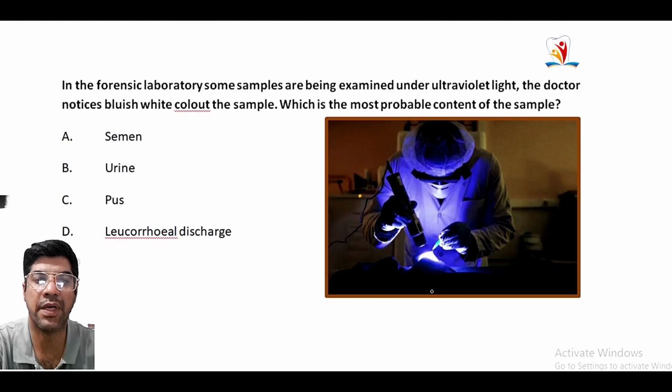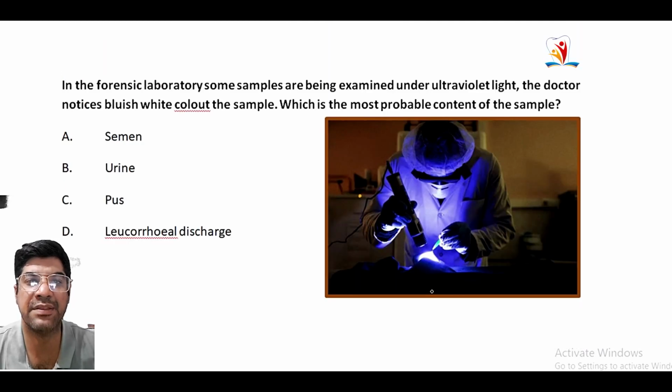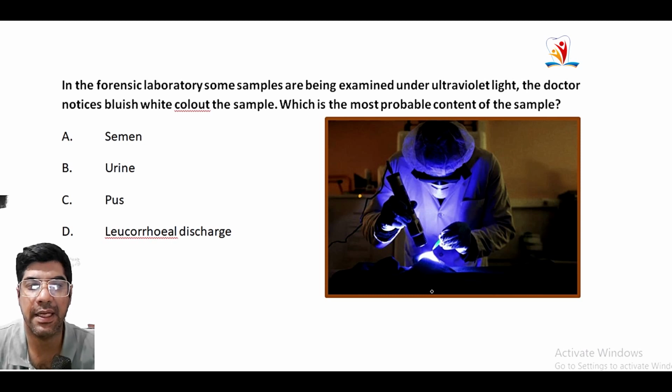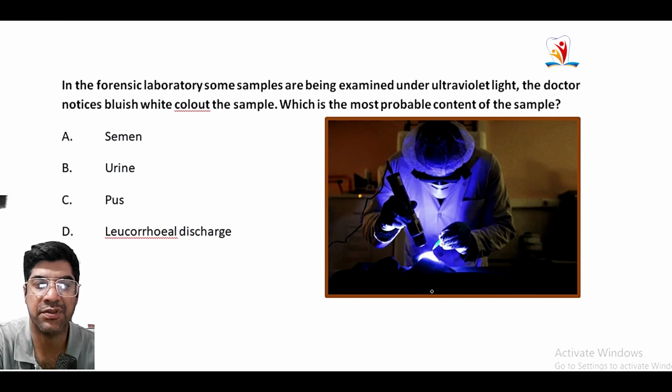In a forensic laboratory, some samples are being examined under UV light. The doctor notices a bluish-white color of the sample. Which is the most probable content of the sample? The answer is semen.